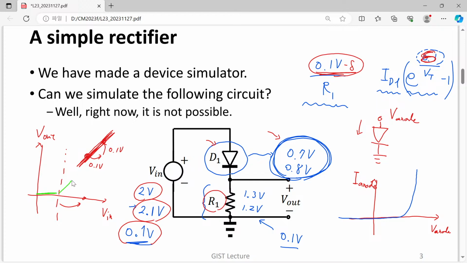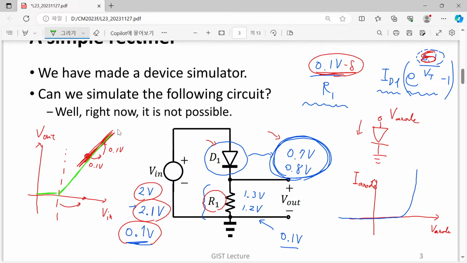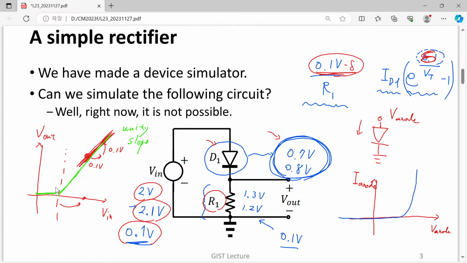So you will have conceptually very simple behavior. This one will have just unity slope, and this is just 0. So you will have a piecewise linear behavior, in a rough sense, in your rectifier.